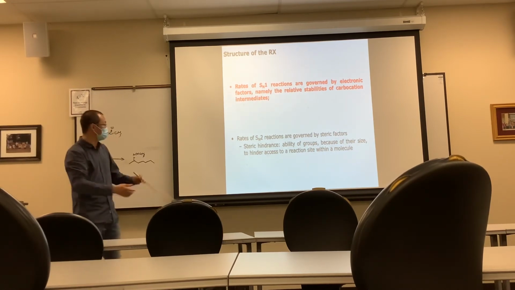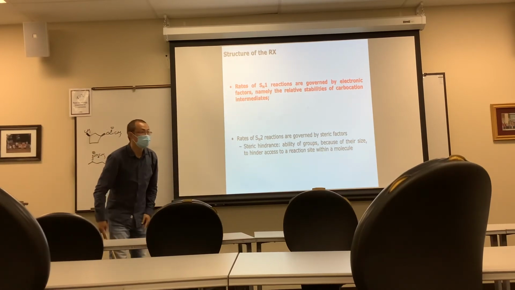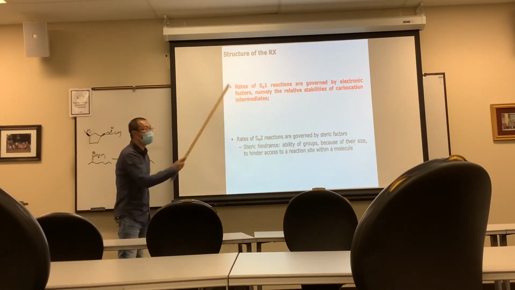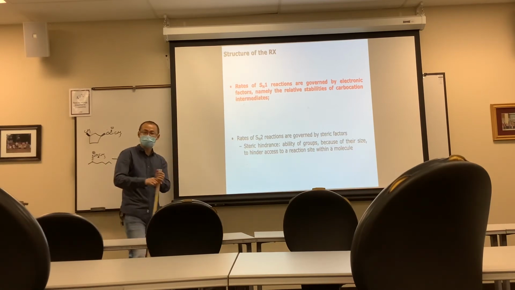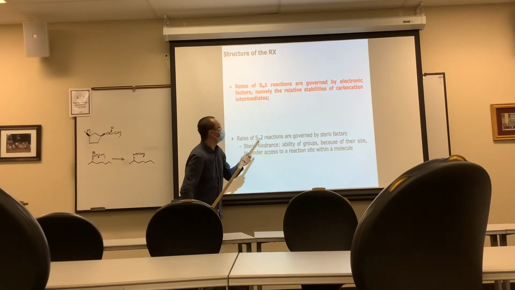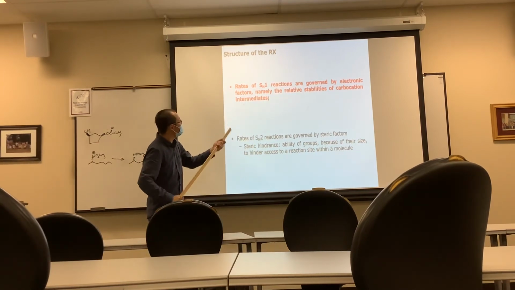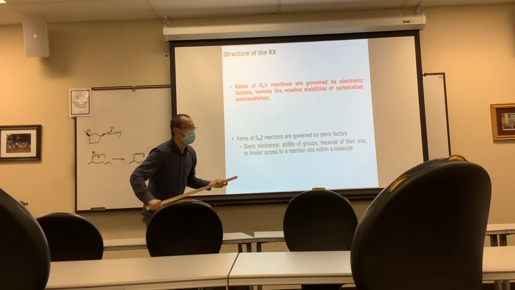Regarding the structure, we'll talk about both cases, SN1 and SN2, because there are two different reactions. So let's take a look. In SN1, how does the structure of RX affect the rate? Because SN1 involves what, guys? Carbocation.